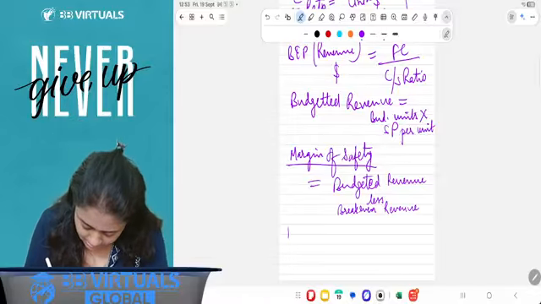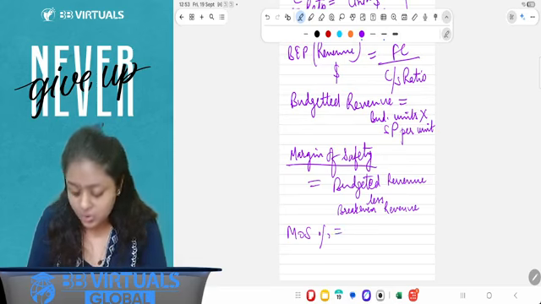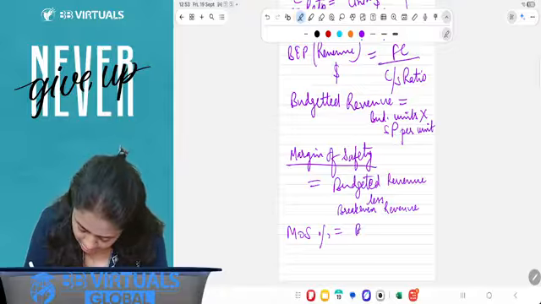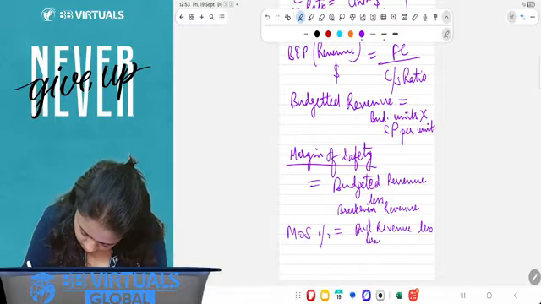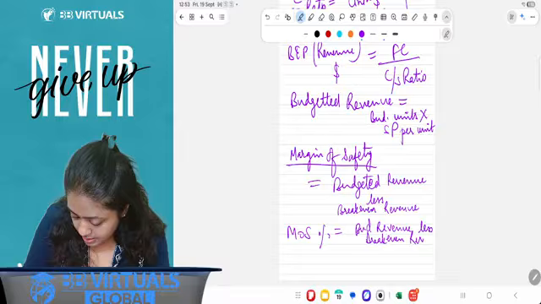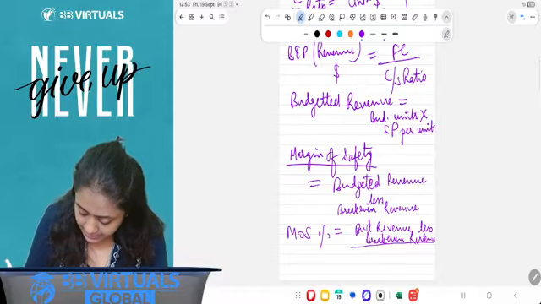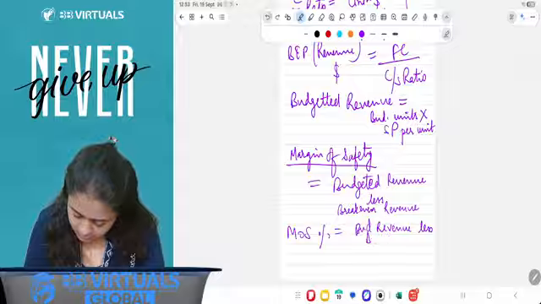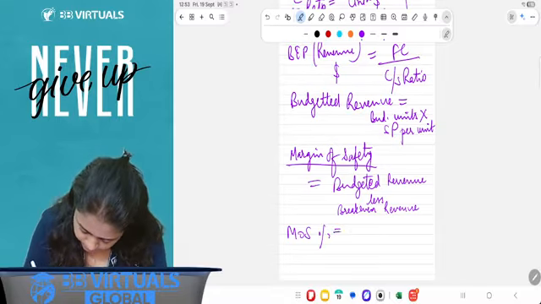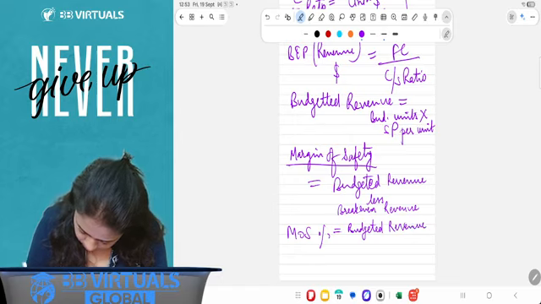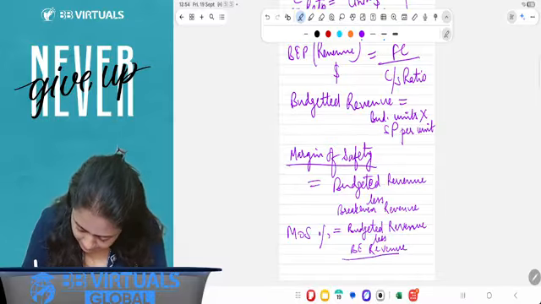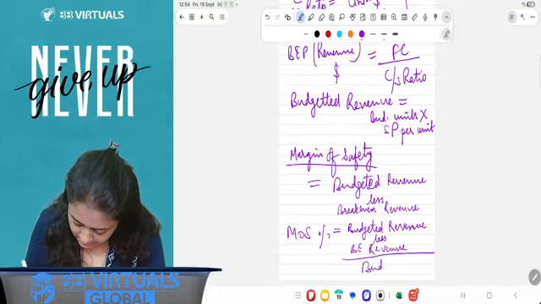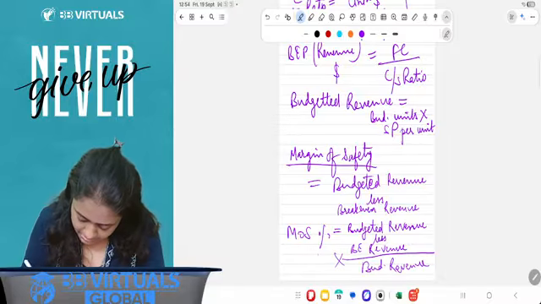How do you calculate it as a percentage? Margin of safety as a percentage will be equal to the difference we got, budgeted revenue less break-even revenue, divided by budgeted revenue, multiplied by 100.